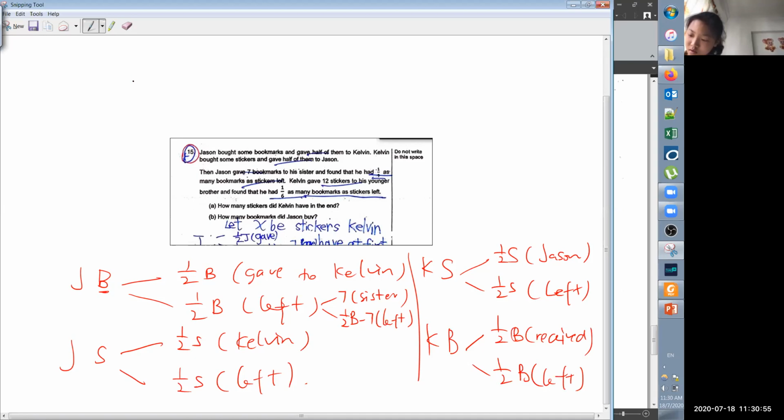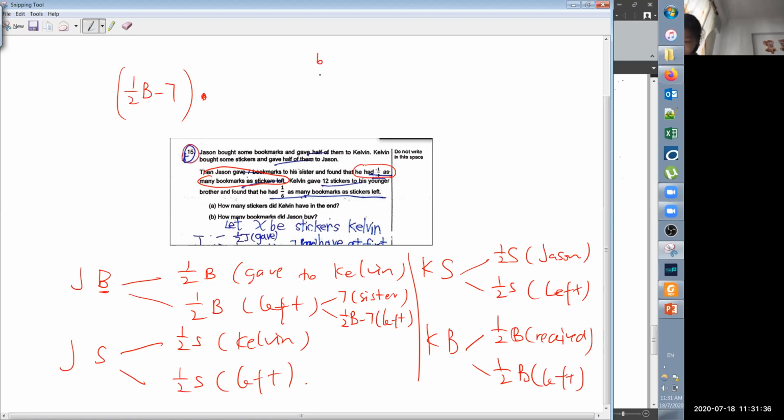So that means half B minus 7 is 1/9 as many bookmarks as stickers left. So bookmark 比较多还是 sticker 比较多? 他好像还给了别人7个. Yeah, 给7个. No, so what I'm saying is, it's okay. So now he had 1/9 as many bookmarks as stickers left. So which one is 1 unit? Which one is 9 units?